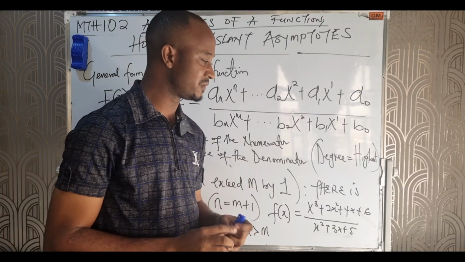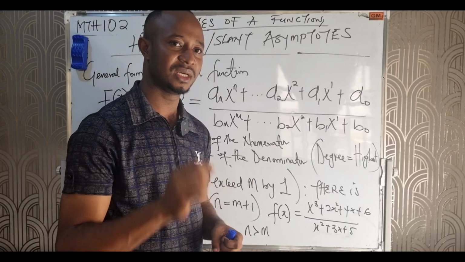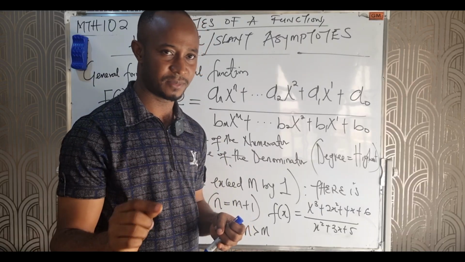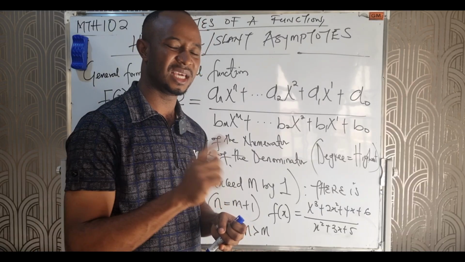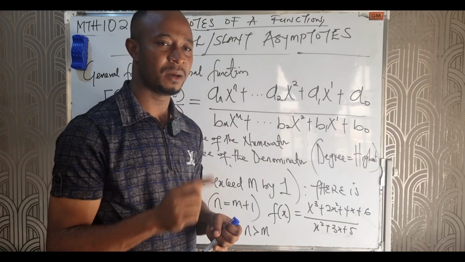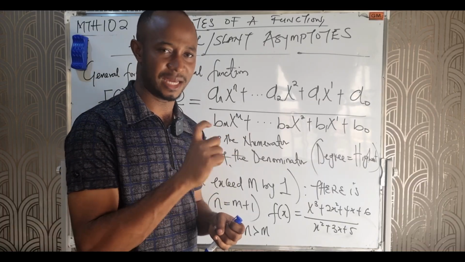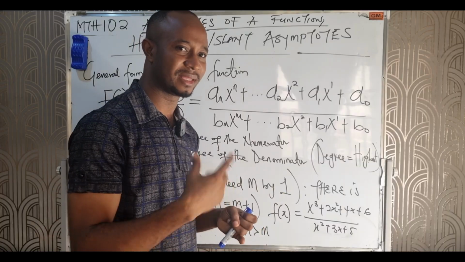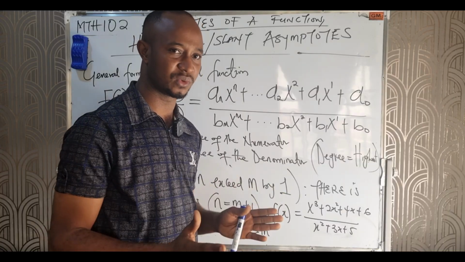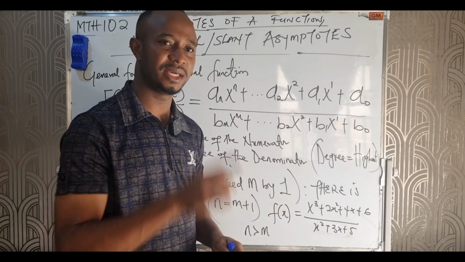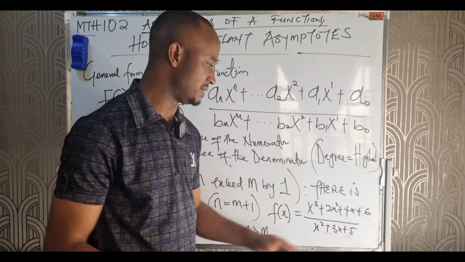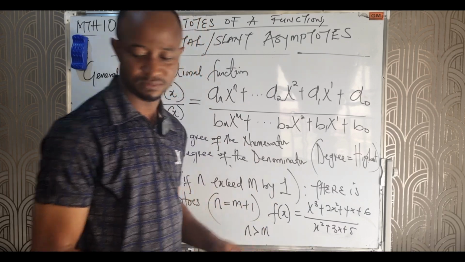The only conditions for horizontal asymptotes are, number 1, if n is equal to m, and number 2, if n is less than m. Whenever n is greater than m by 1, or by 2, or by 3, there is no horizontal asymptote. But if n exceeds m by 1, it means there is a slant asymptote.